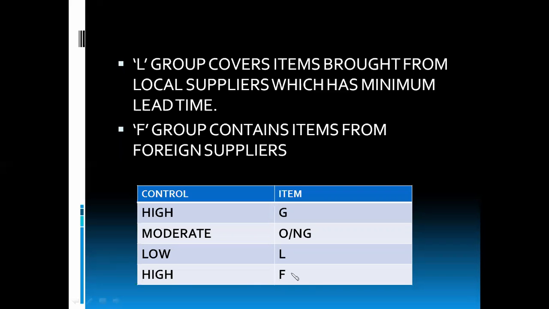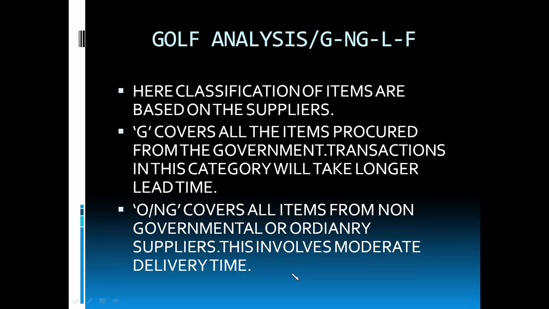The next lot will be coming only by October or November. So we should not carelessly think that we have inventory. Whatever inventory we are having, we should exercise high control over foreign items because it cannot be frequently or quickly arranged. So this is about the analysis of government, ordinary or non-government, local, foreign.